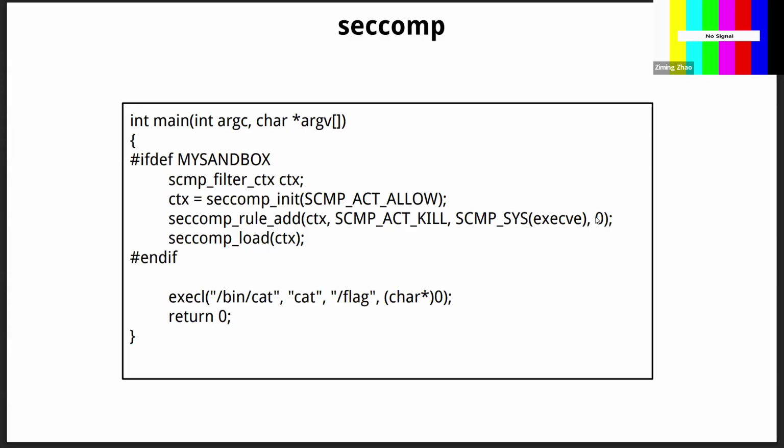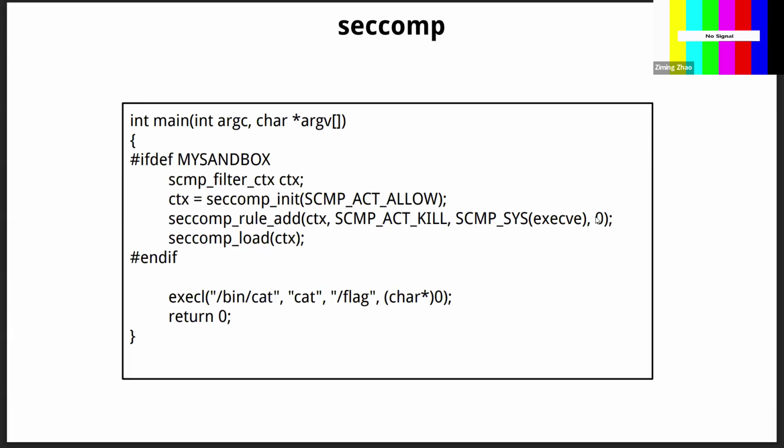Without that, we basically just have two things. We just have execve, then return. In that execve, we are going to execute cat, and the parameter is just the flag. That's it. So it will print the flag for us. With the macro, we set up the firewall.